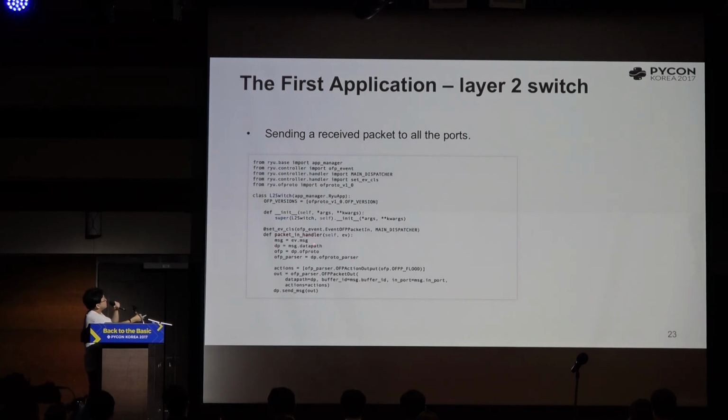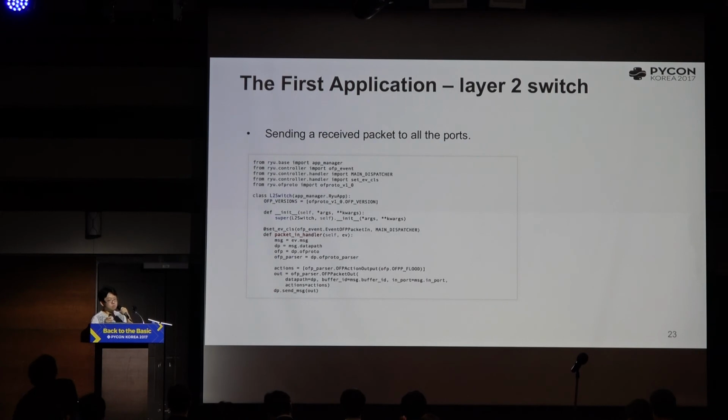This EV message indicates the packet-in message format. This dp, datapath, means your switch, and ofproto means your OpenFlow protocol, and this means your OpenFlow parser. The action you're going to do is just flooding.